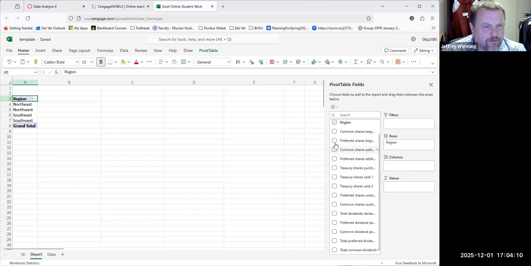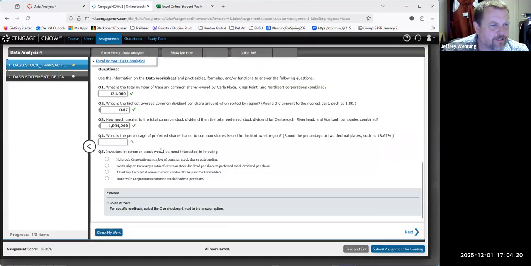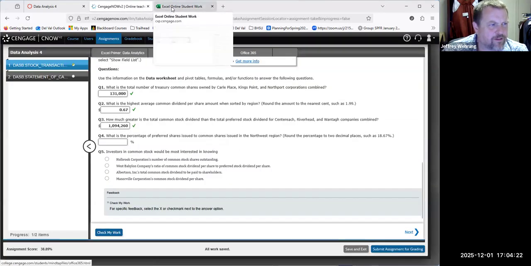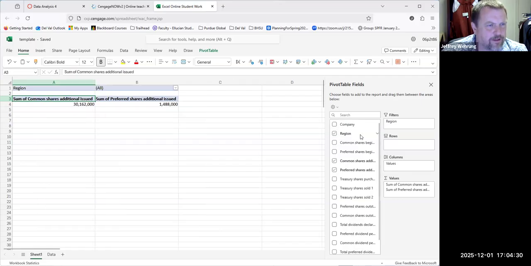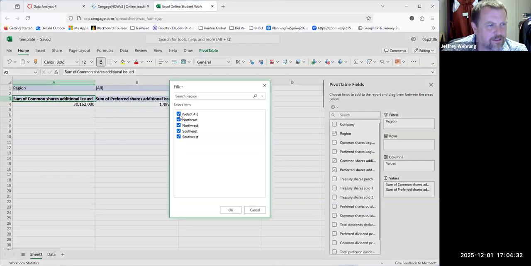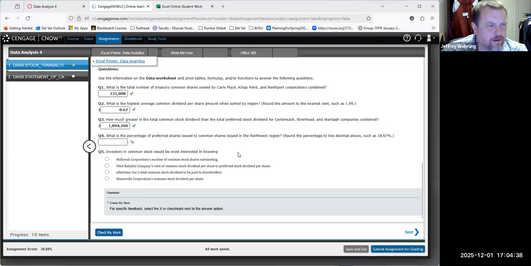Okay, so we have common shares issued, preferred shares issued by region, and I just want the Northwest region, so I can filter this. I'm going to put this into my filters, and then I can just say I'm just looking for the Northwest region. Okay.